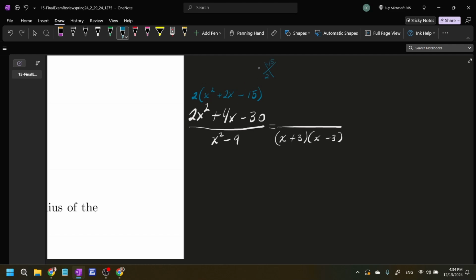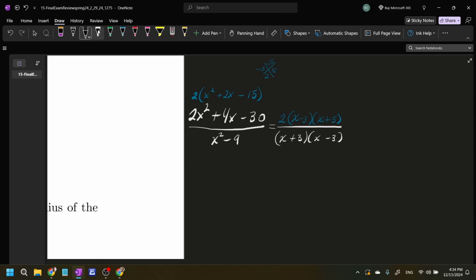So those two numbers are going to be negative 3 and positive 5. Negative 3 times positive 5 is negative 15. Negative 3 plus positive 5 is 2. So it means we have our binomial product as x minus 3 and x plus 5. Let's not forget the 2, the coefficient in the front.